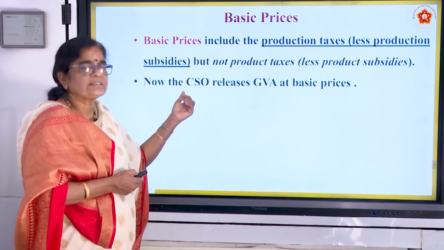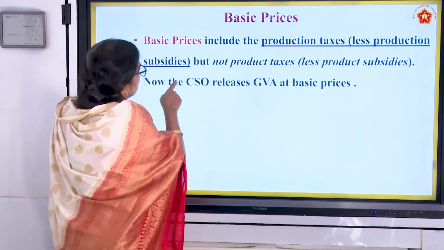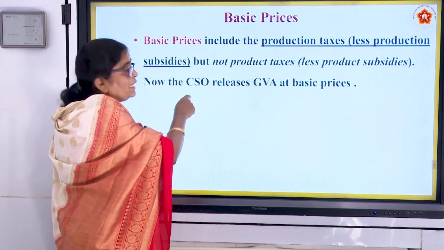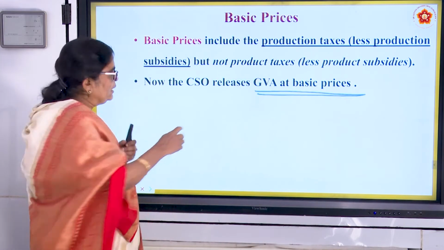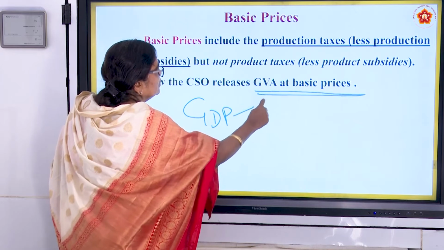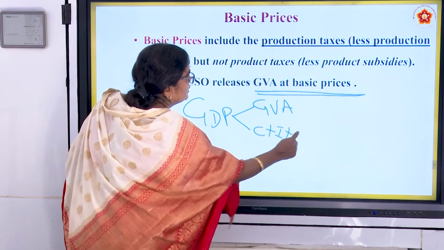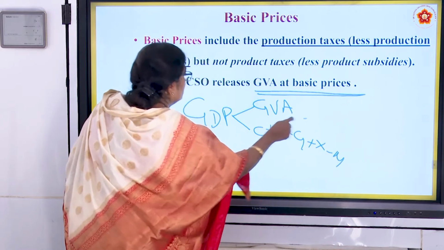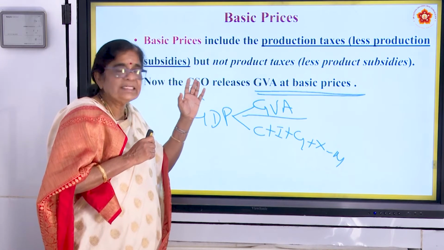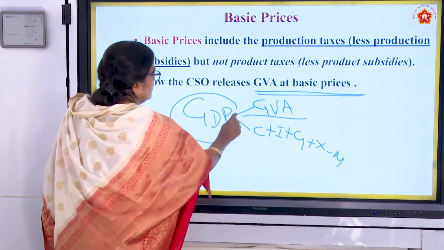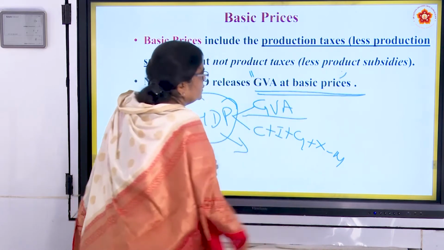And now, the Central Statistics Office of the Government of India releases GVA at basic prices. We have studied that GDP can be given based on GVA in the value added method, or in the expenditure method C plus I plus G plus X minus M. But the Central Statistics Office now releases the report for GDP based on GVA at basic prices.